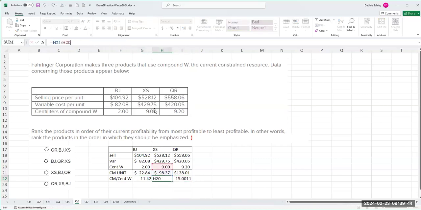So again, in each one of those, it's the contribution margin per unit divided by the number of centiliters gets me the contribution margin per centiliter.